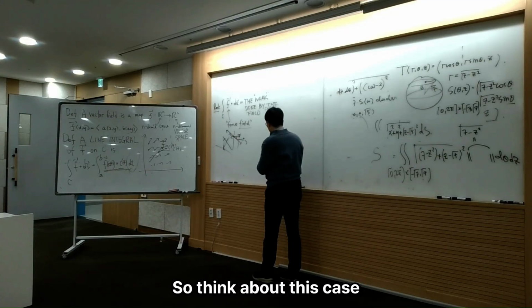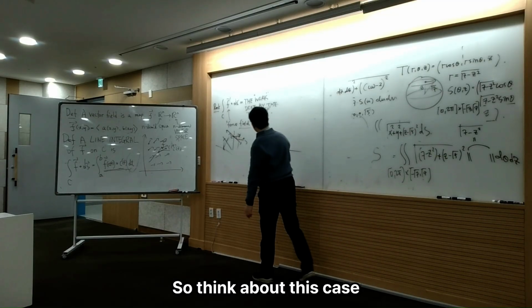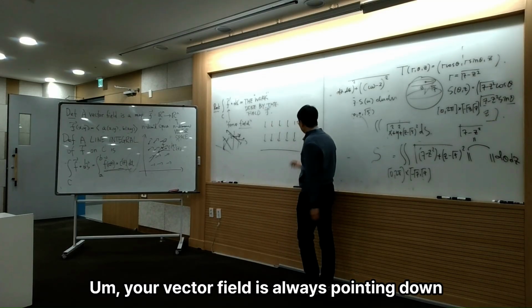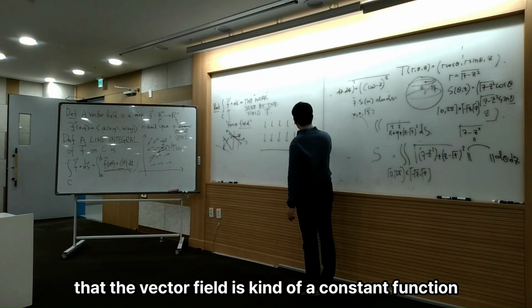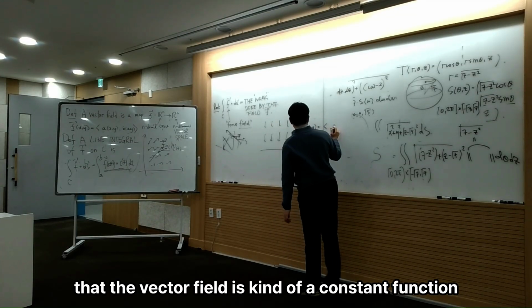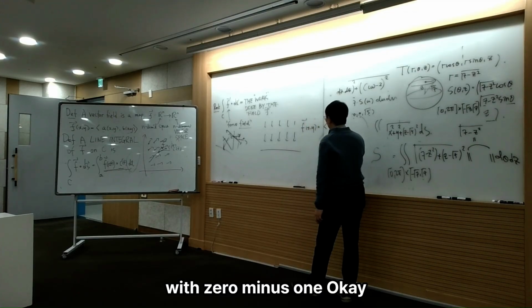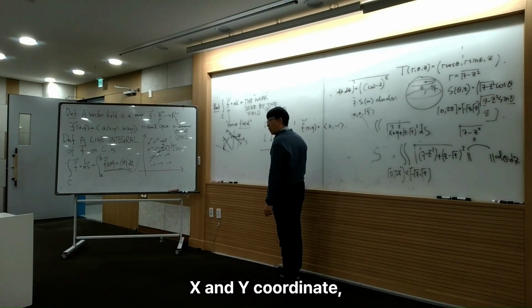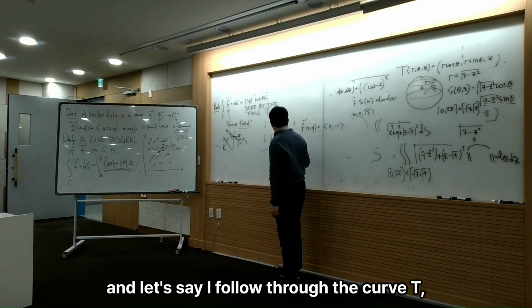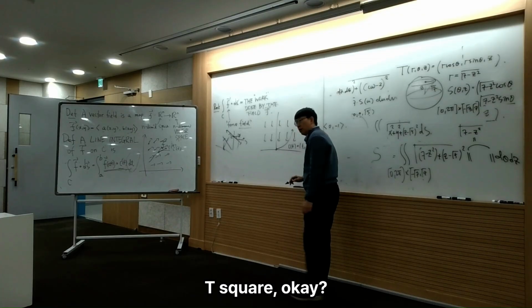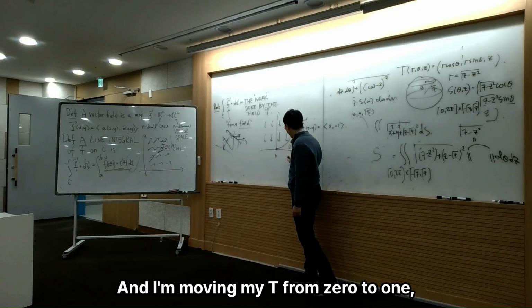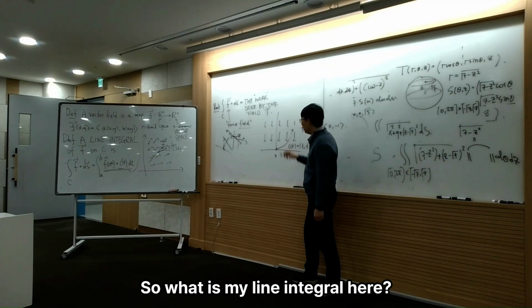So think about this case. Your vector field is always pointing down, so you can say the vector field is a constant function (0, -1). Now let's say I have x and y coordinates, and I follow the curve (t, t squared), moving t from 0 to 1, so I'm actually going up. What is my line integral here?